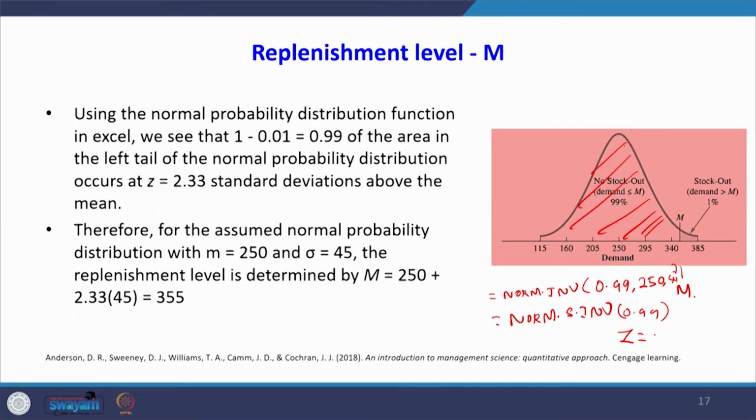That z value is 2.33. But we know z is x minus mu by sigma. So, you know the z value is 2.33, mu is given 250, sigma is given 45, then you can find out the x value. So, when you do that, you will get the value of m is 355. This I am going to do with the help of Excel.